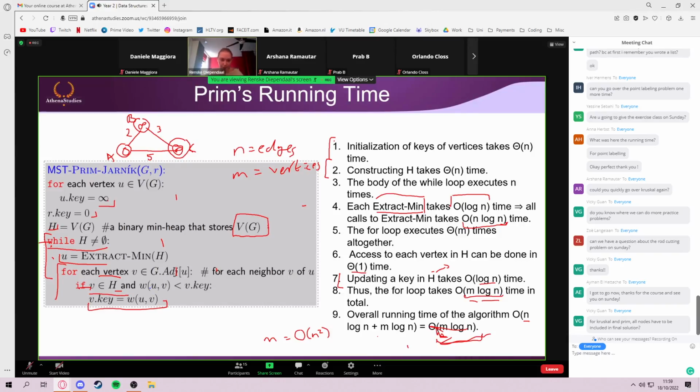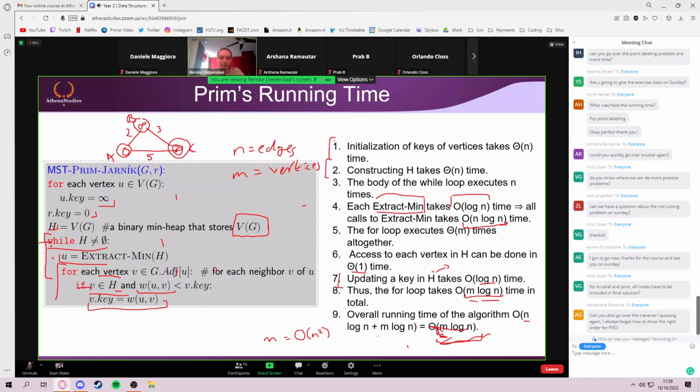If the weight between U and V is smaller than the key value that we have, which is the infinity at the moment, then we replace it with this weight. Just like in Dijkstra, you try to minimize the weights, and then you move on to the next weight, which is also the smallest.